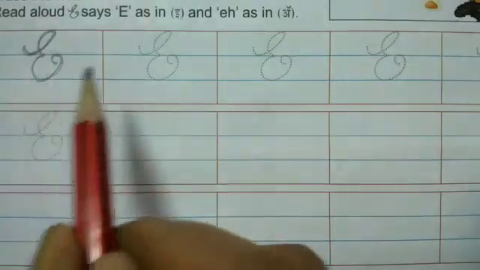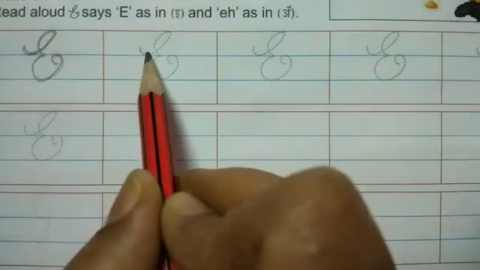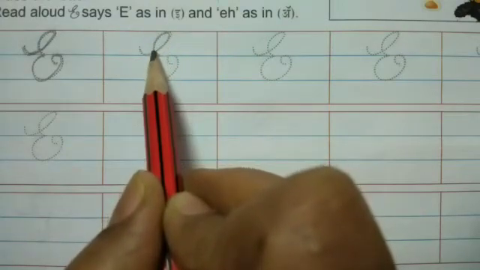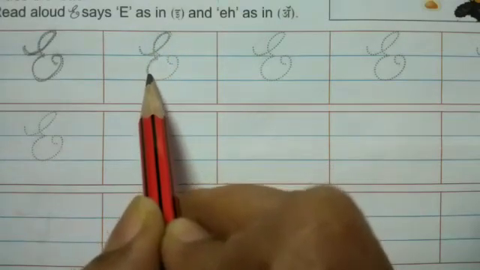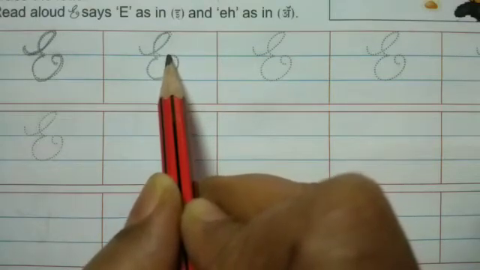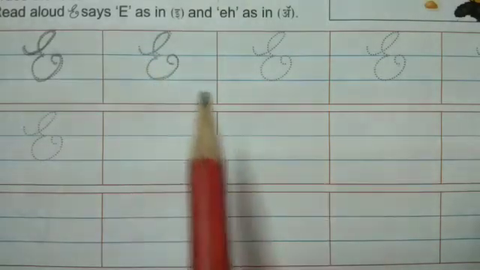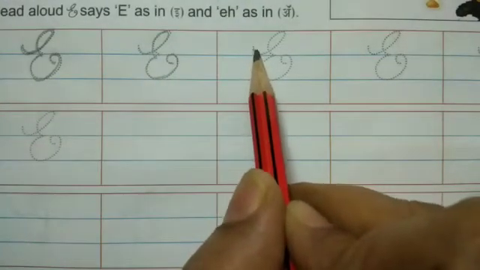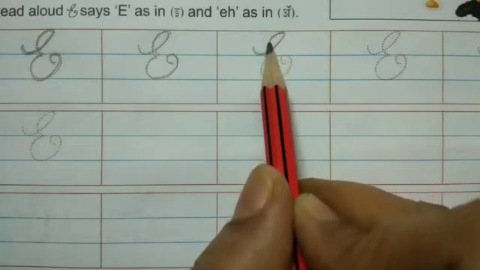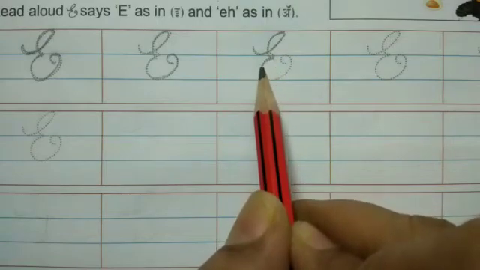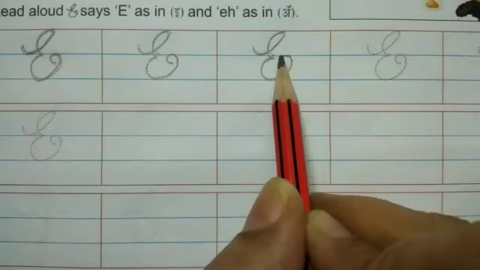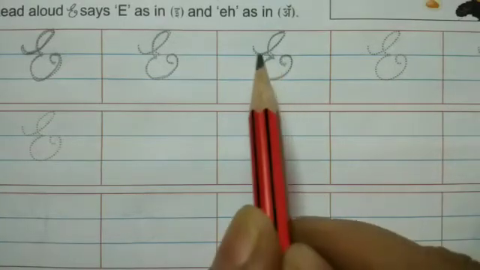Again, go up, touch the red line, take a curve, again one more curve, go up, touch the blue line and curve inside. Go up, touch the red line, curve, one more curve, touch the blue line and curve inside.